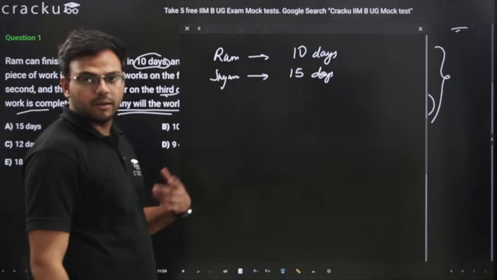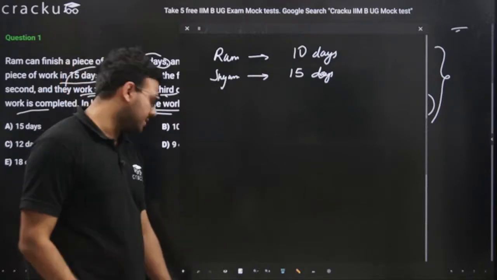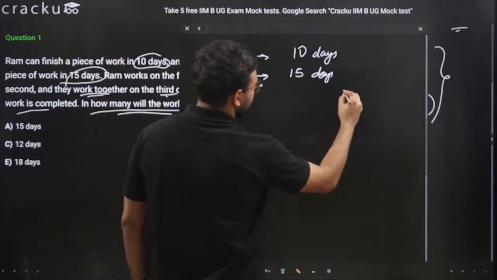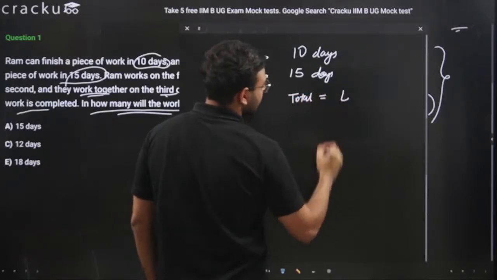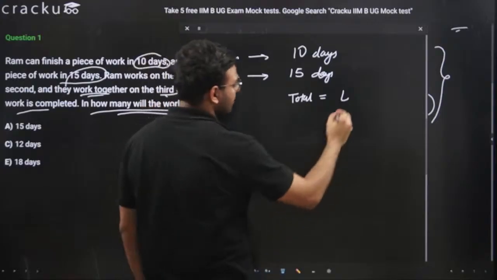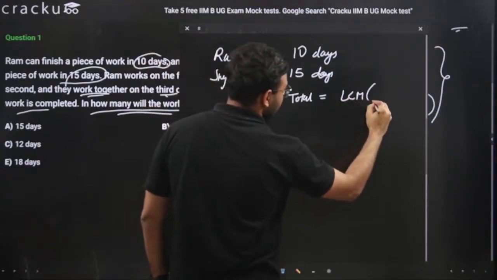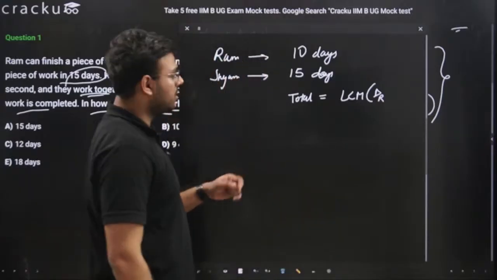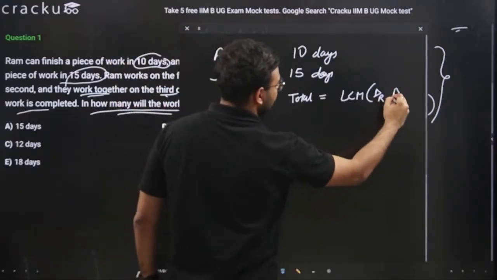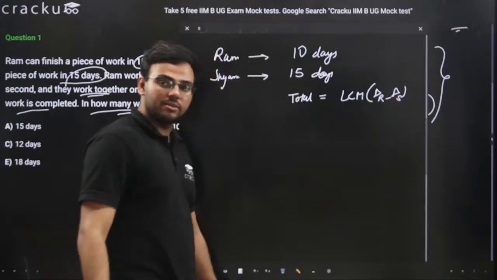I told you initially I'll be using the LCM method. What does the LCM method say? The LCM method says that the total work done is basically the LCM of the number of days taken by Ram individually when he is working alone, comma, the number of days taken by Shyam individually when he is working alone.